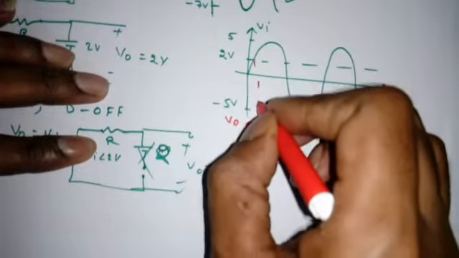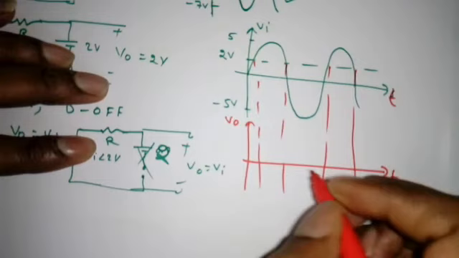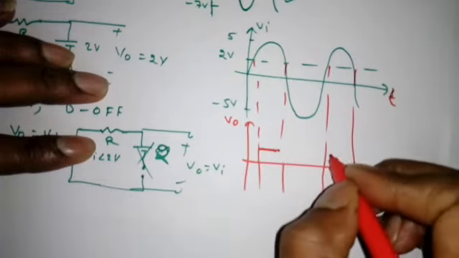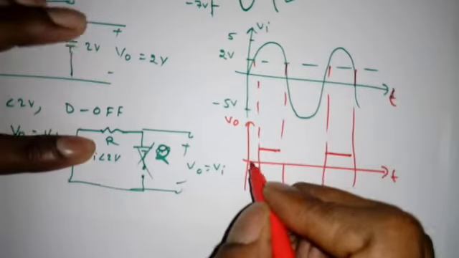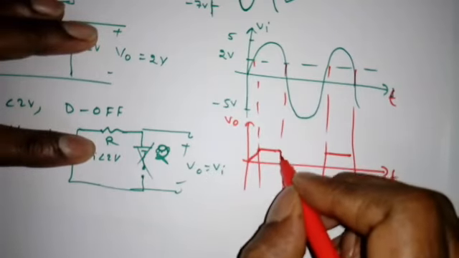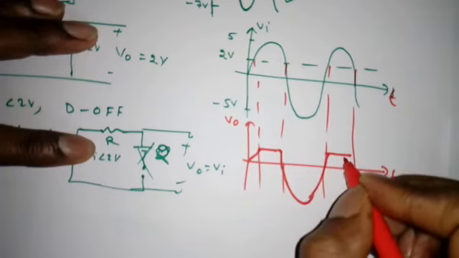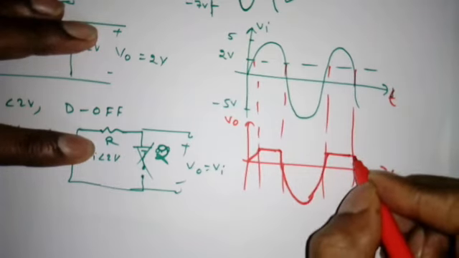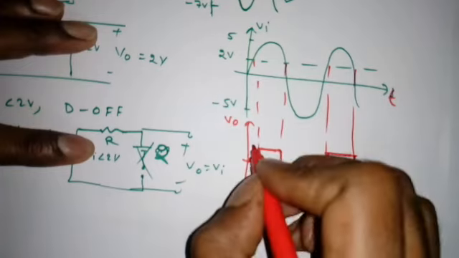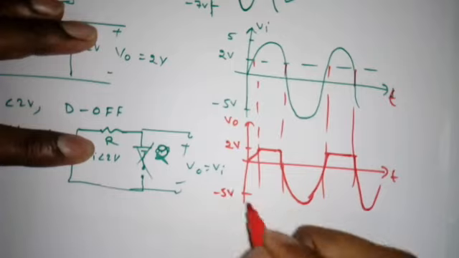So greater than 2 volts means I am getting 2 volts only. Less than 2 volts, V0 is equal to Vi. So we'll get the full negative portion and some portion of the positive half cycle also. Maximum is 2, negative side minus 5 volts.